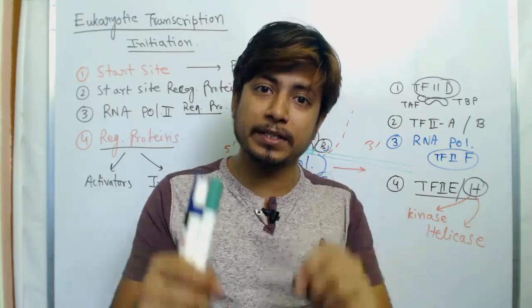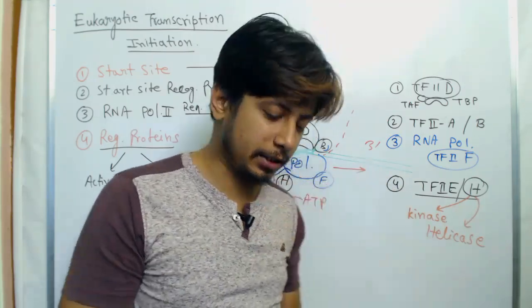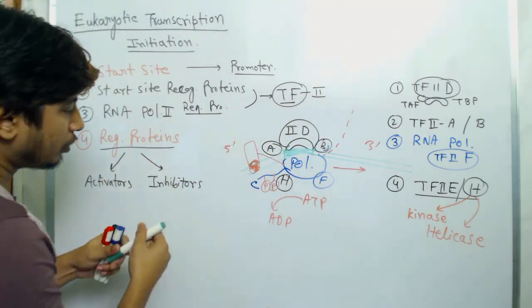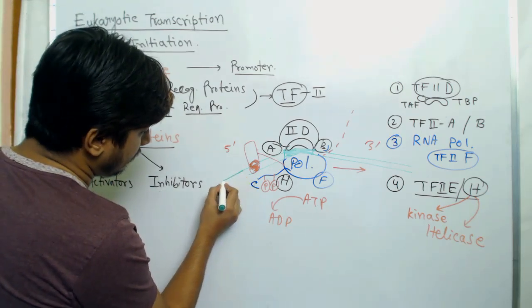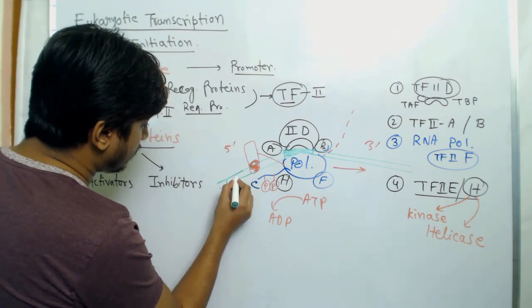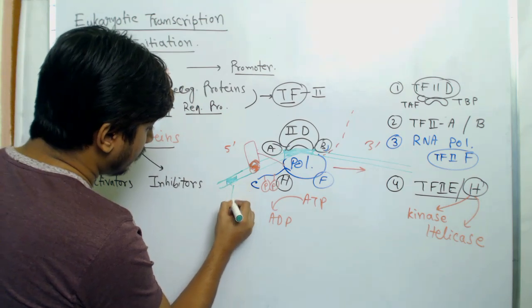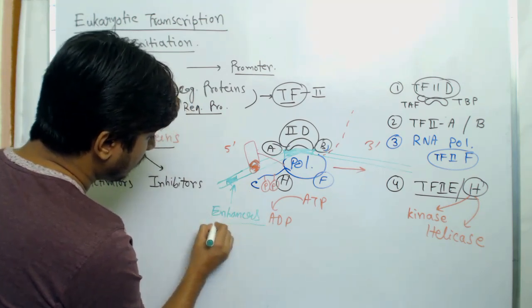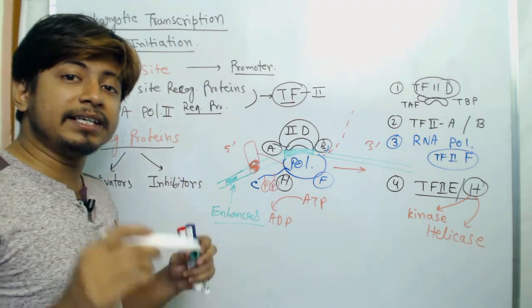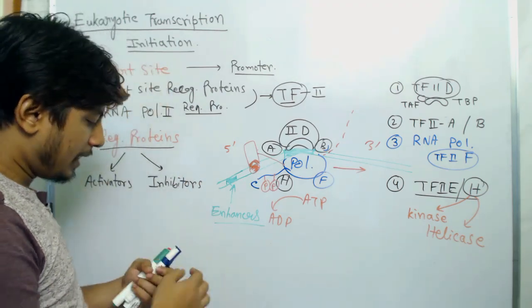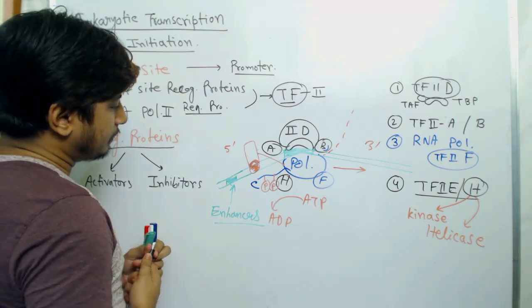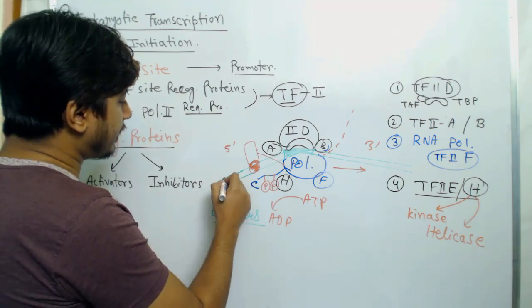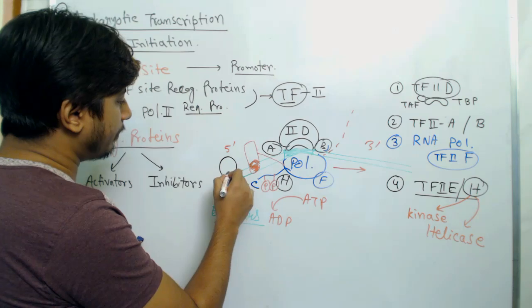Now on the other hand, if an activator is in this place, the activator binds upstream control and upstream regulator elements that are present in the DNA, known as enhancers. If I draw this picture, if I extend this DNA further upstream, you will see small regions in the DNA known as enhancers. This enhancer is a DNA element, and there are activator proteins that can bind to the enhancer with the DNA binding site.